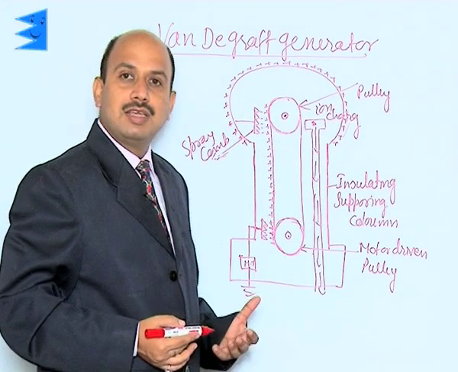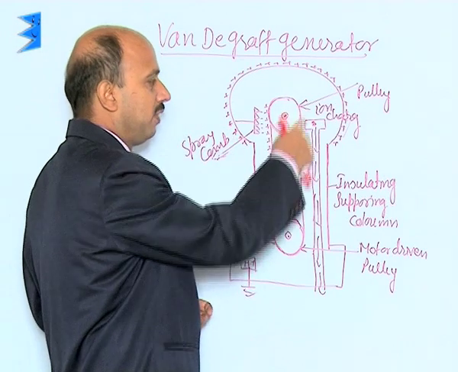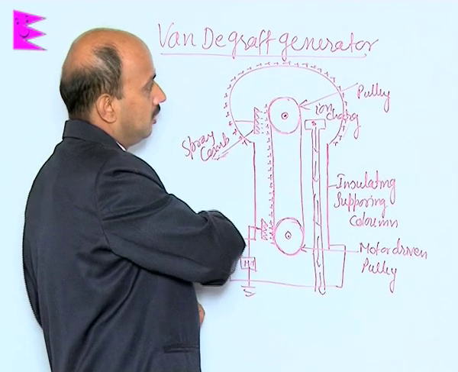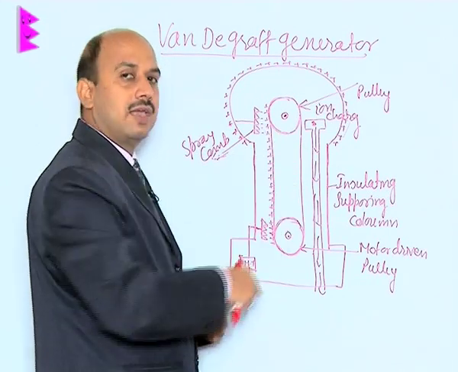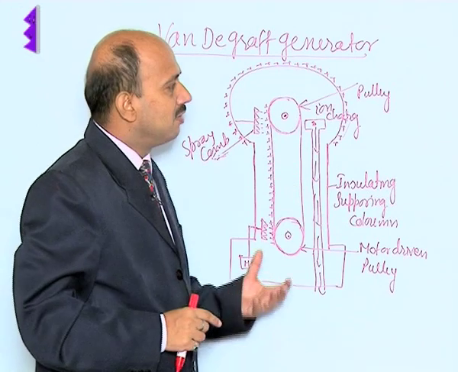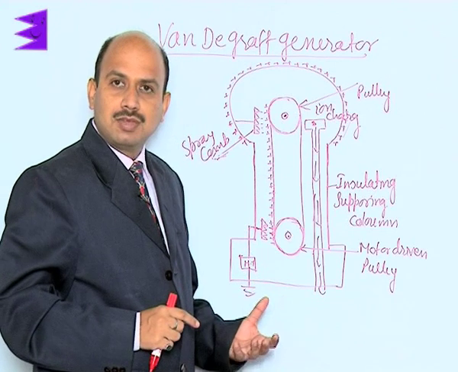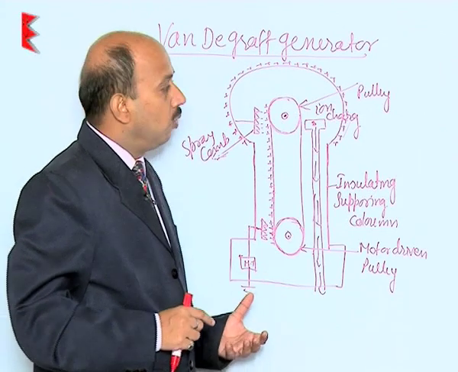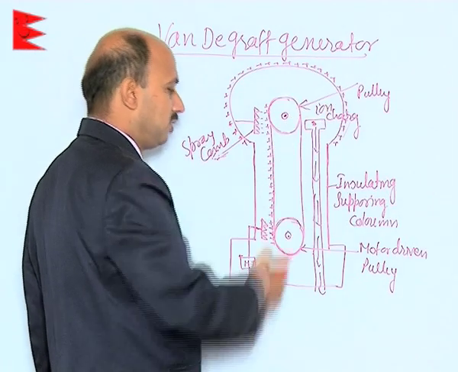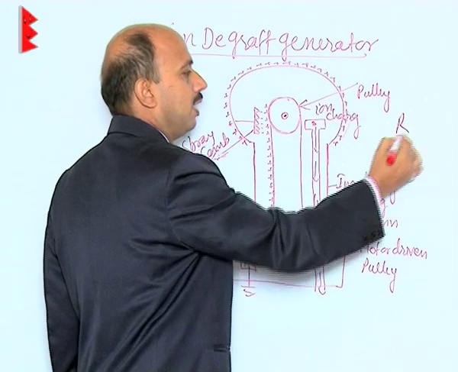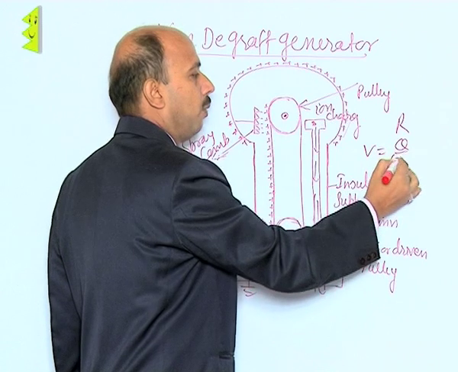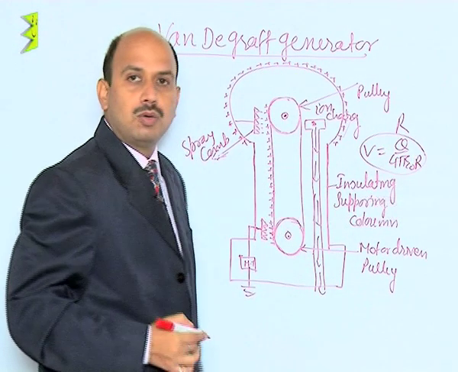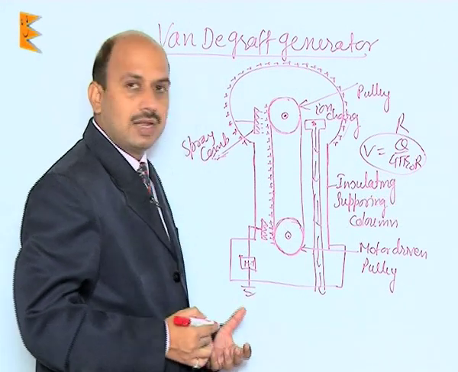To avoid this leakage of charges from the outer surface, this whole apparatus is kept inside a cage where gases like nitrogen and methane are placed, and we can avoid this leakage of charge. So, if the radius of this shell is r, then we can write potential is equal to q upon 4 pi epsilon naught r. So, this is about the working of the Van de Graaff generator.